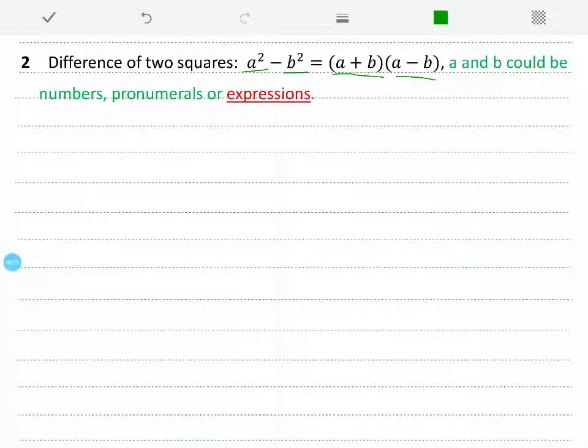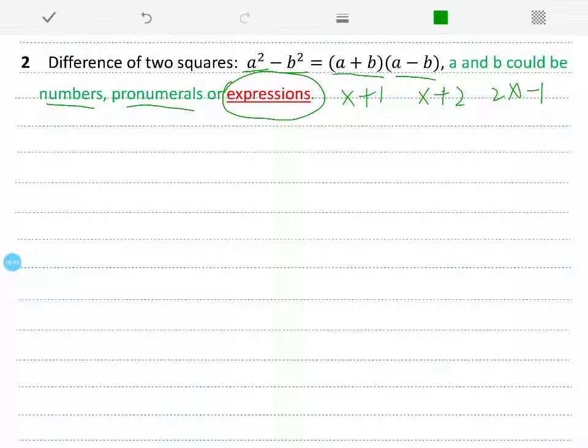Remember, both a and b could be numbers, polynomials, or expressions. It could be expressions like x plus 1, x plus 2, 2x minus 1, anything.